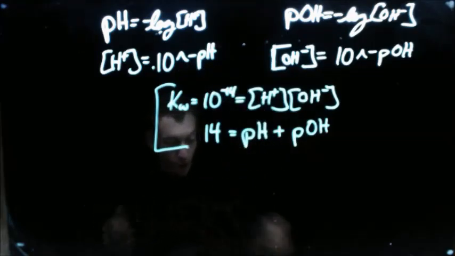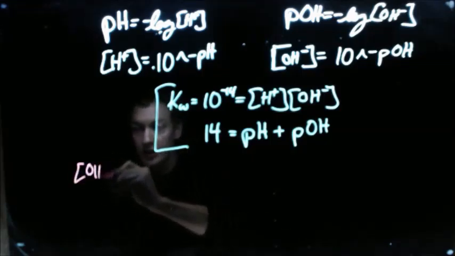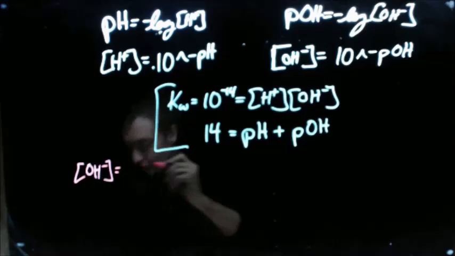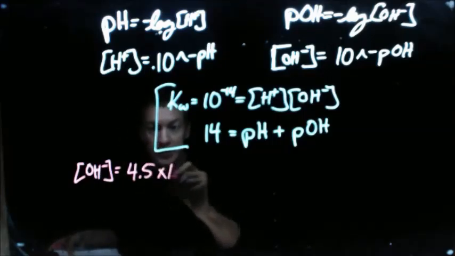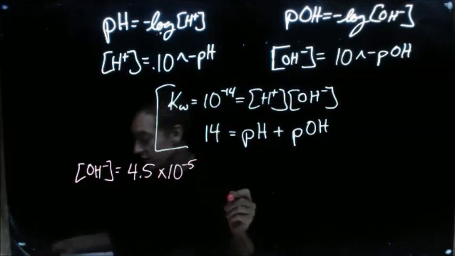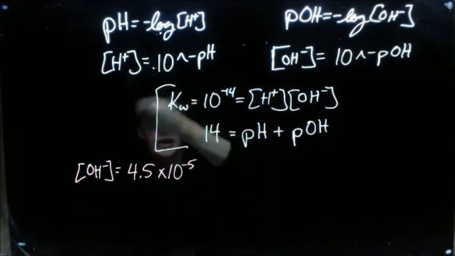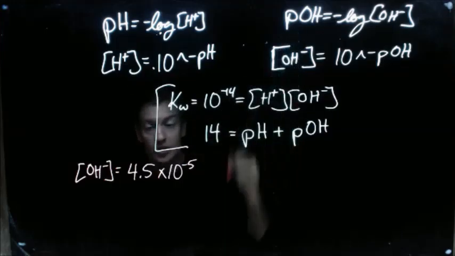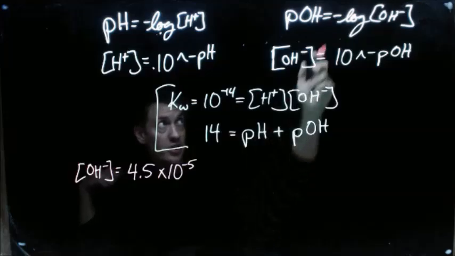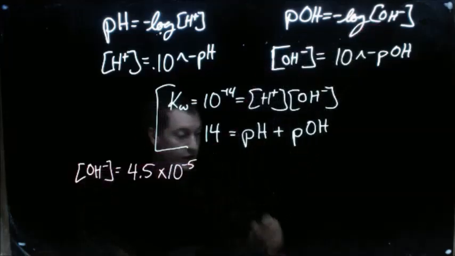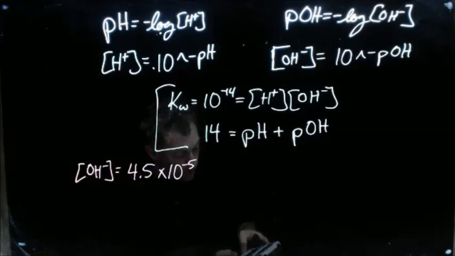So then we're asked a question. What if the hydroxide ion concentration is equal to 4.5 times 10 to the minus 5? What will be pH, H plus, pOH? pOH is probably the easiest one to find. You can take the negative log of this hydroxide ion concentration.